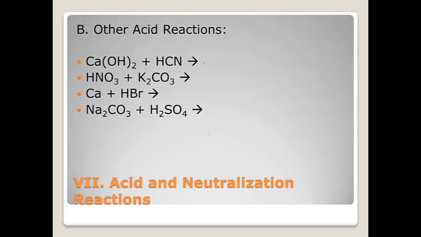This first one you should have got H2O plus CaCN2, and then balance it, 2 there, 2 there. This next one you should have gotten H2O plus CO2 plus KNO3, and then to balance it you need 2 there and 2 there.